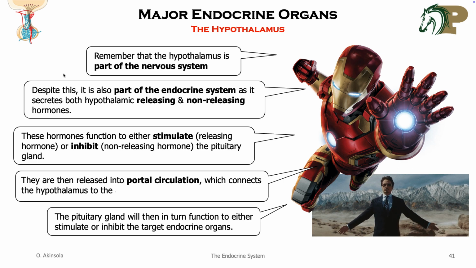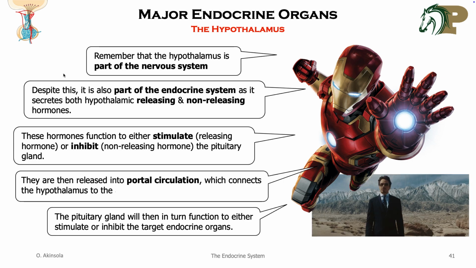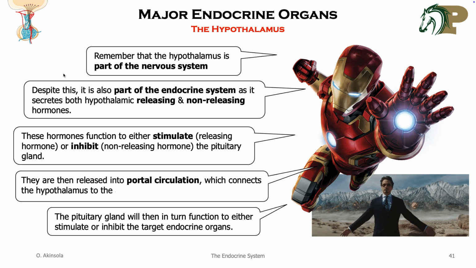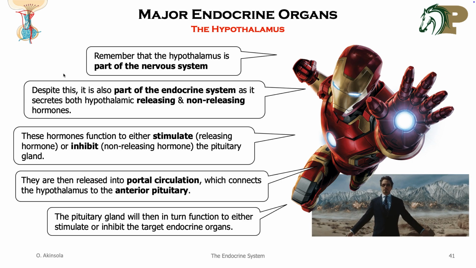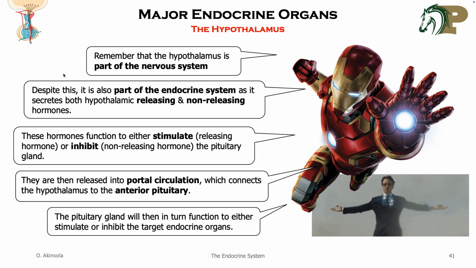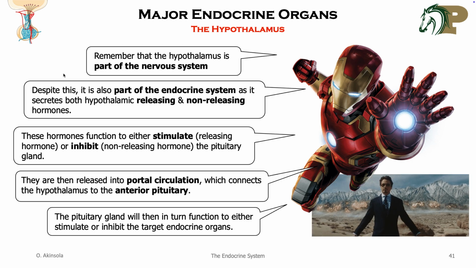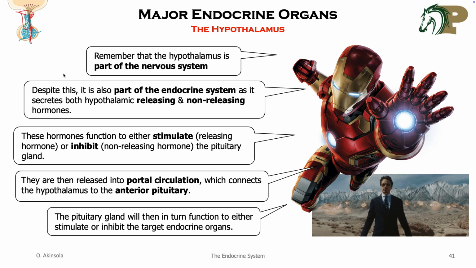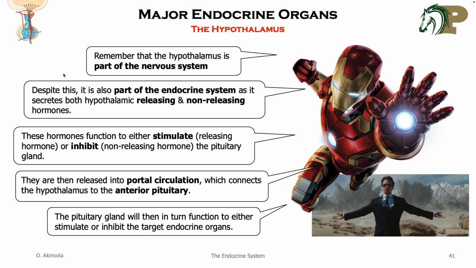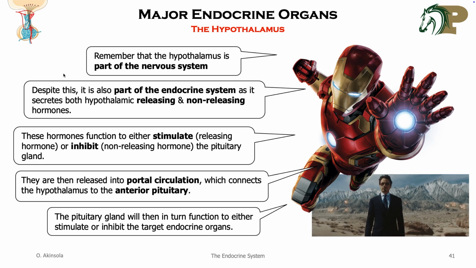The hormones are released into portal circulation, which connects the hypothalamus to the anterior pituitary. The pituitary gland will then in turn function to either stimulate or inhibit the target endocrine organ.